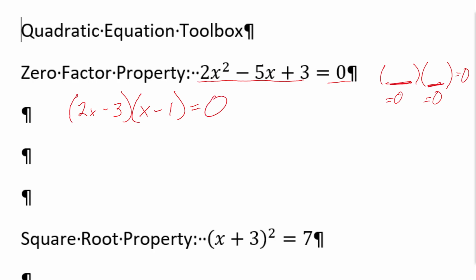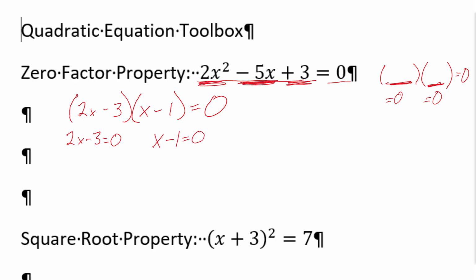When I do that, I get 2x times x is 2x squared. 2x times -1 is -2x. -3 times x is -3x. So when you add those together, you get -5x. And -3 times -1 is +3. Now at this point, we know that the only way this can be true is if 2x minus 3 equals 0, or if x minus 1 equals 0.